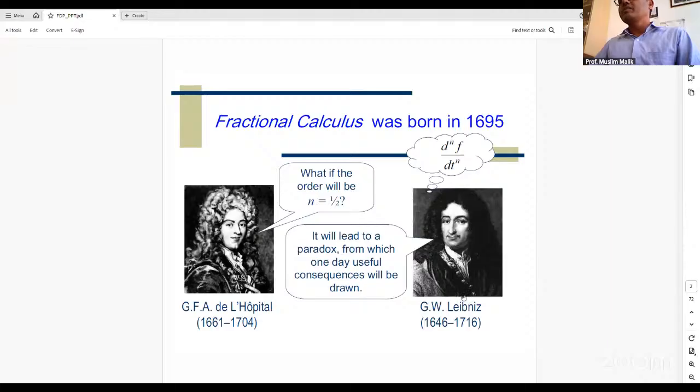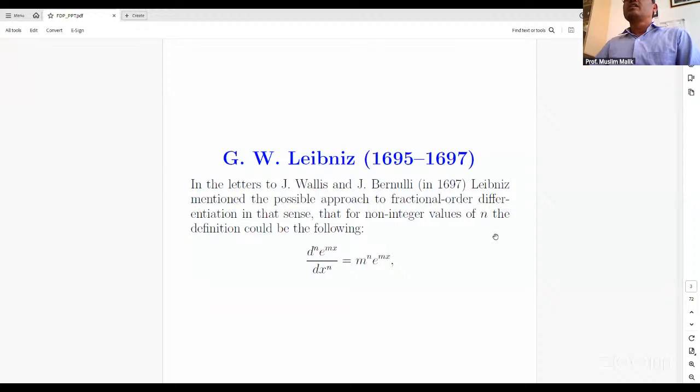At that moment, Leibniz was not able to define this fractional derivative, but he replied that this may be a very good result in the future. After that, he also tried to solve this problem, but he did not succeed.